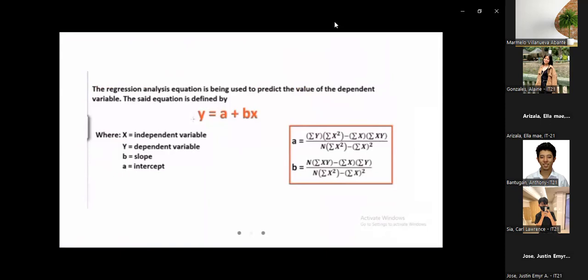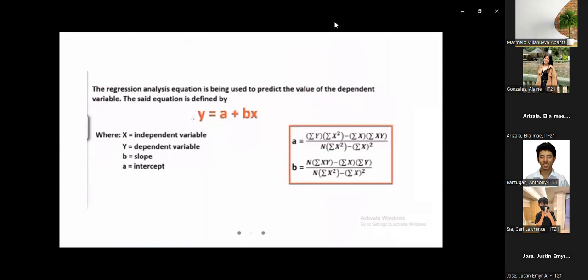The said equation is defined by the formula y equals a plus bx, where x is the independent variable, y is the dependent variable, b is the slope, and a is the intercept.